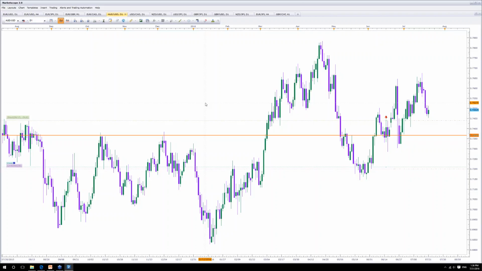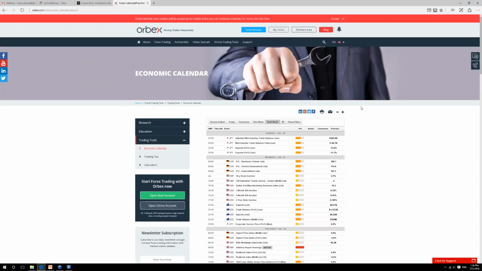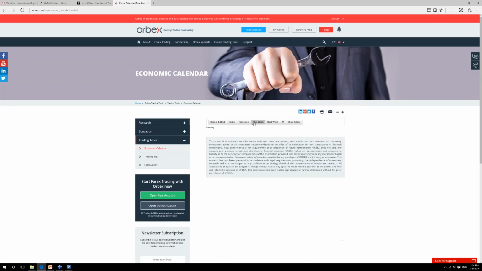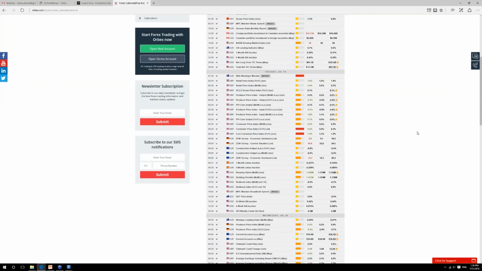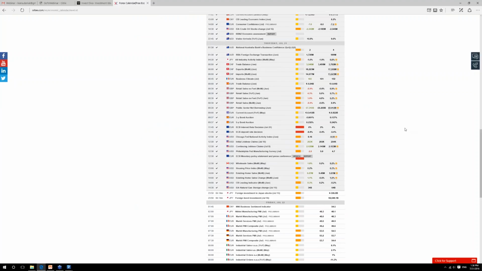All right, so one disclaimer here. Today we're only talking about Australian dollar, but when you're trading a currency pair, you really have to understand what is going on in the cross-currency pair as well. So for example, in case of Aussie dollar versus the US dollar, we really want to know how the US dollar is doing. And guess what? Today we just had some leading indicators out of the US which were doing well. The jobless claims did well today. They came out much better than expected.